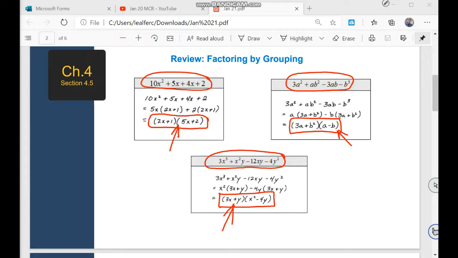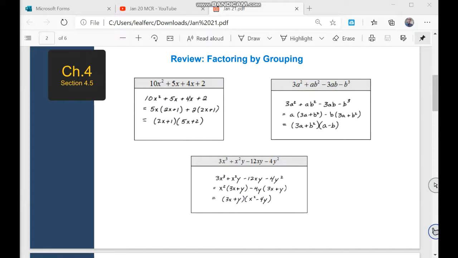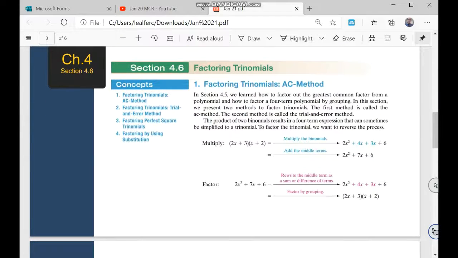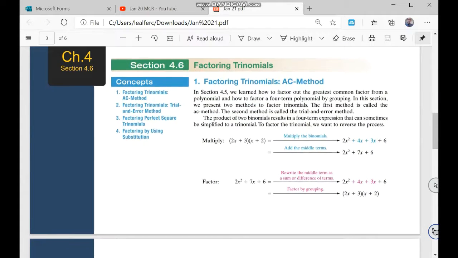Okay. Any questions about factoring by grouping? This is a review from yesterday. If you have no questions, let's talk about the topic of today's class, which is factoring trinomials. Yesterday we factored by grouping polynomials with 4 terms.